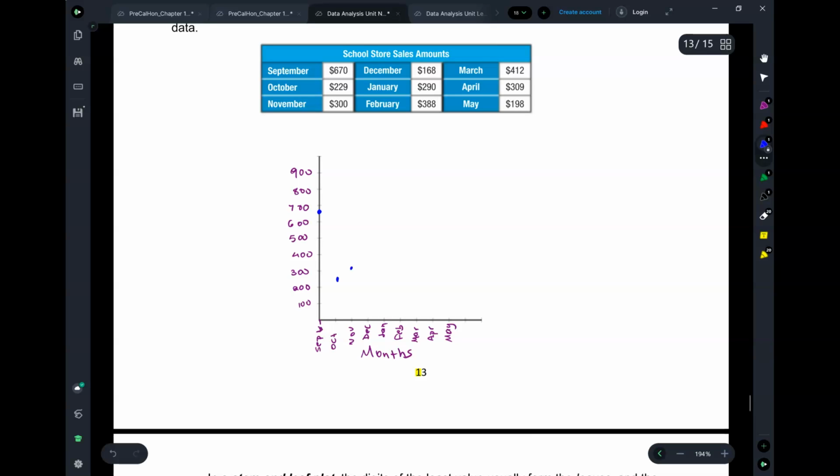December, 168. January, 290. February, okay, so 290 has to be a little bit lower than the 300 here. February, there was 388.